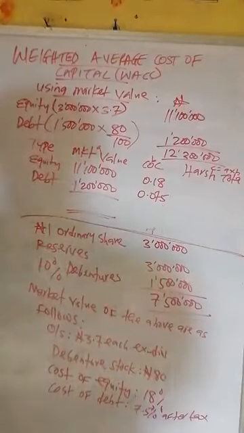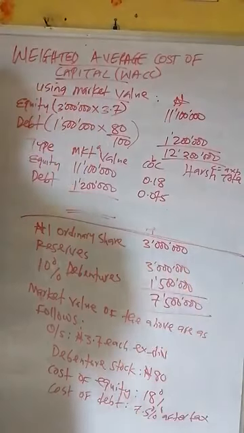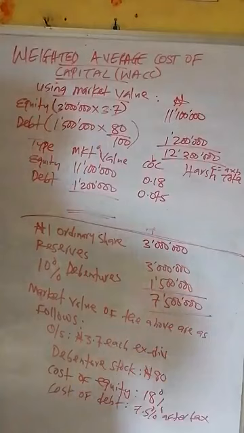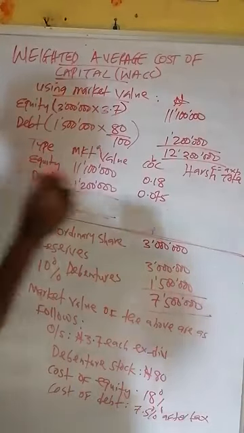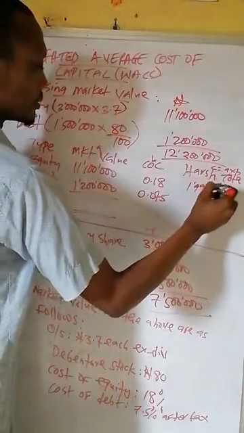What do you have there? We have it to be 1,998,000.